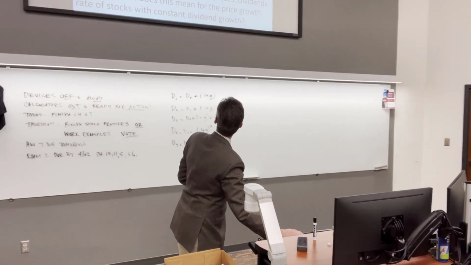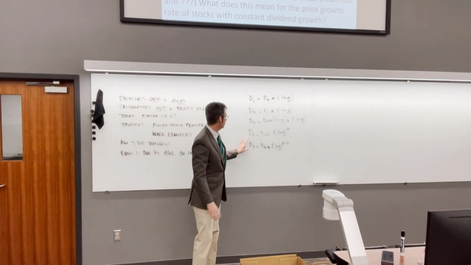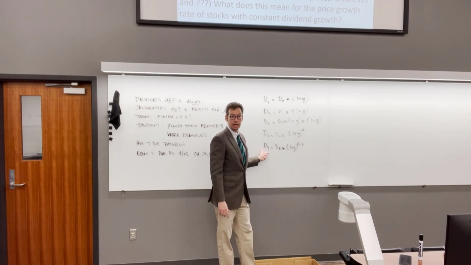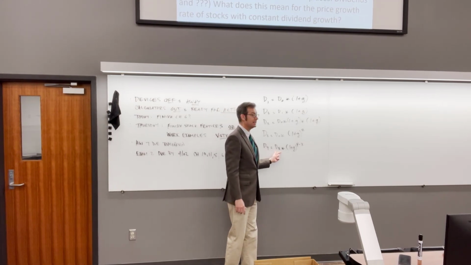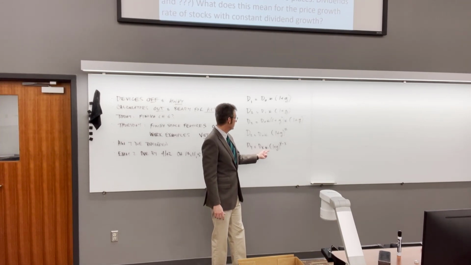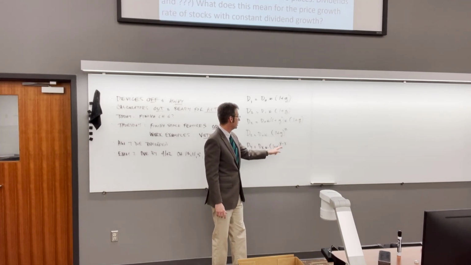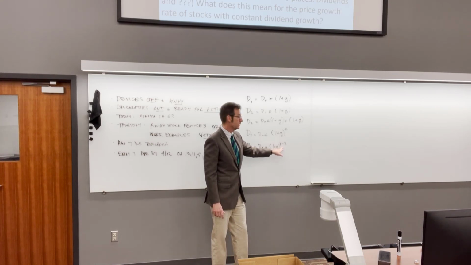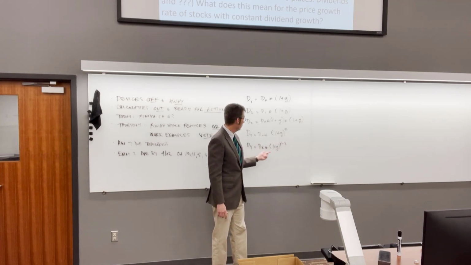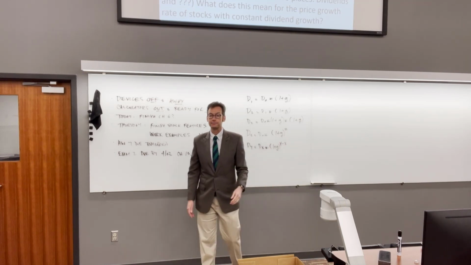So that's all I've got to do to find it. So I can tell you, give me D729 given D679. All you have to do is take that times 1 plus G to the 729 minus 679 power, which is 50. All it would be is to the 50th power.